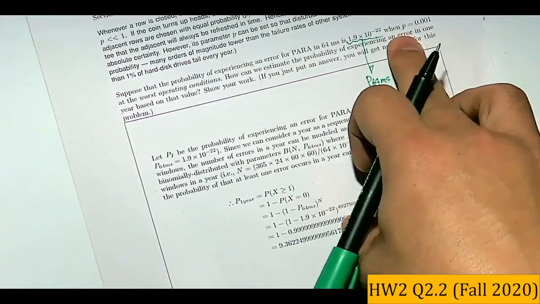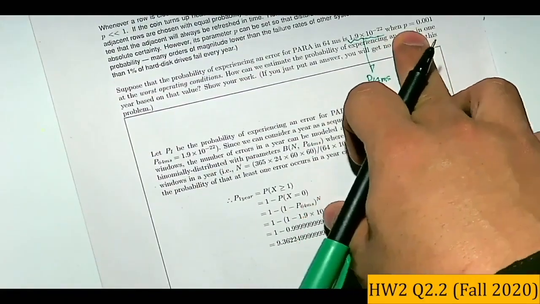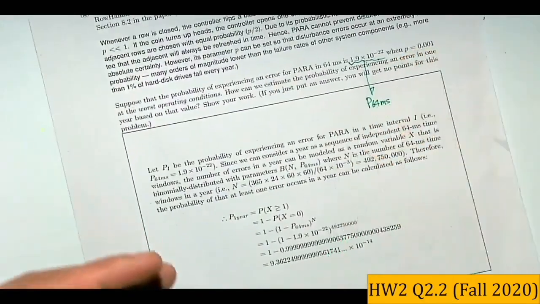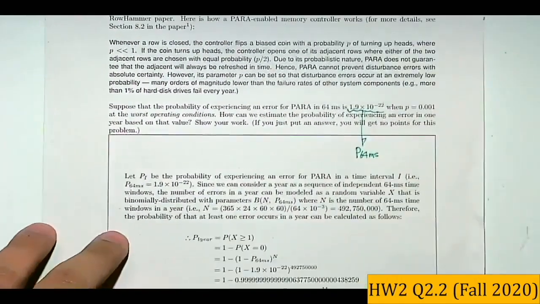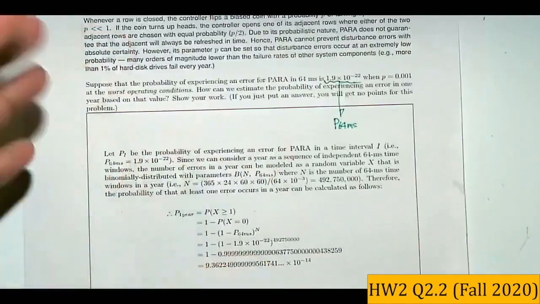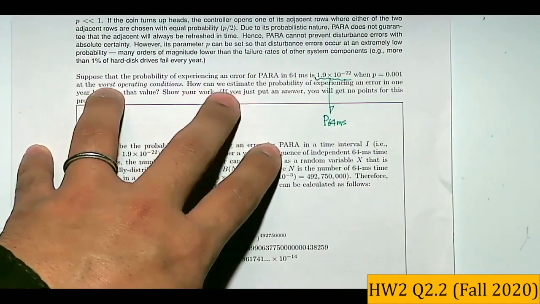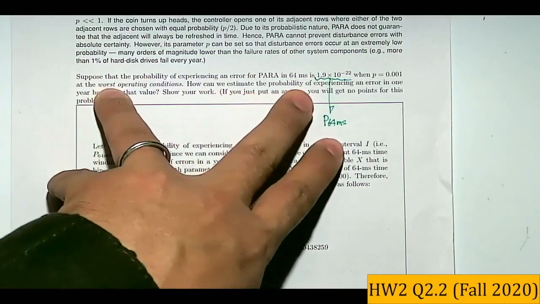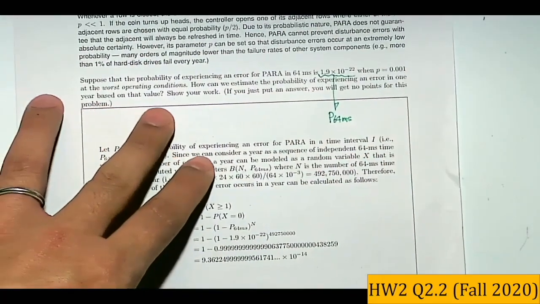When the probability parameter in the PARA technique is just 0.001, and this is the worst operating condition. And the question is asking how we can estimate the probability of experiencing an error in 1 year based on this value.